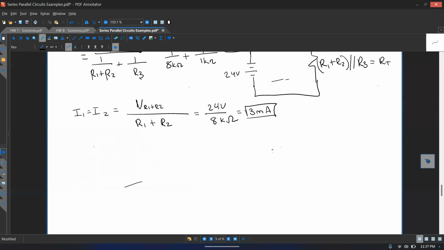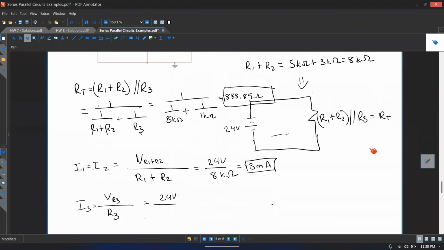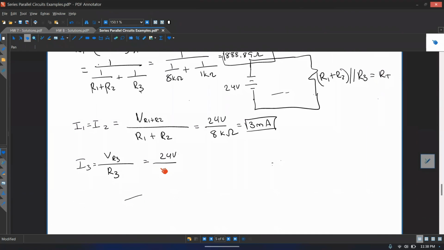So we can use the same formula, Ohm's law. So I3 is going to equal V R3 divided by R3, which equals 24 volts divided by R3, which is 1 kilo ohm, which equals 24 milliamps.